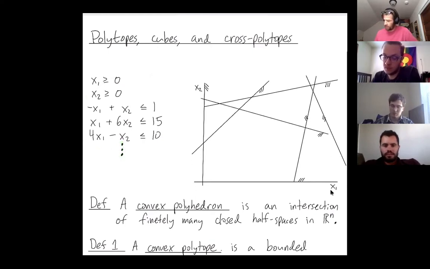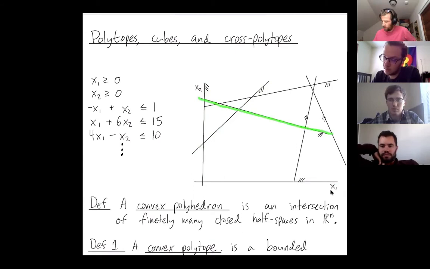But my 5 constraints are that the x1 coordinate has to be non-negative, so I'm on this side of that line, and the x2 coordinate is non-negative, so I'm above this horizontal axis, and negative x1 plus x2 is at most 1, so I'm below that line, and x1 plus 6x2 is at most 15, so I'm below this line, and 4x1 minus x2 is at most 10, so I'm to the left of this line.